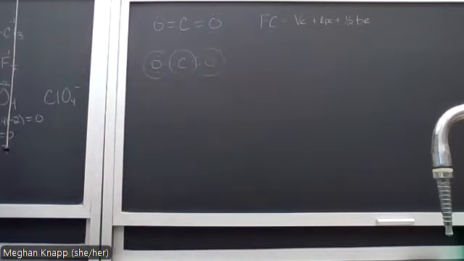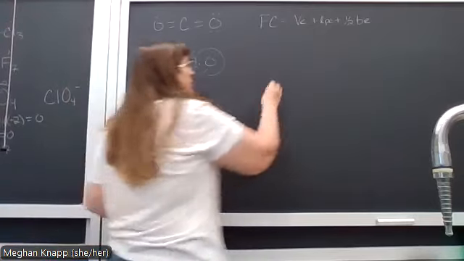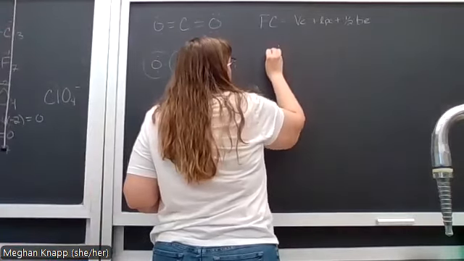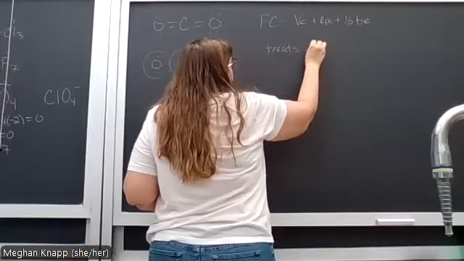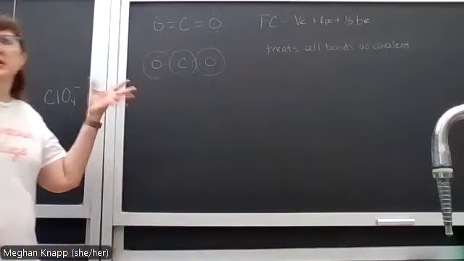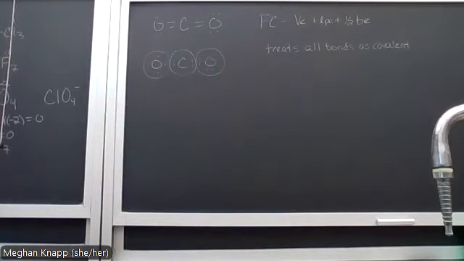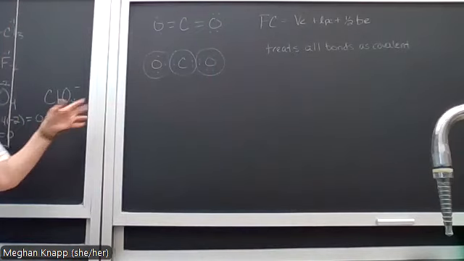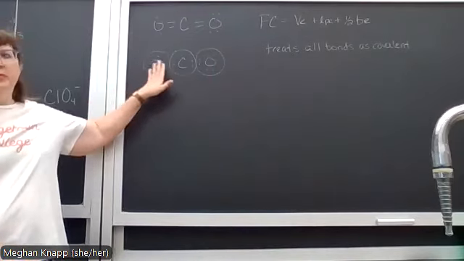So what kind of bonds share electrons? Covalent. So formal charge treats all bonds, right? Everything is equally shared. Now, in reality, are the electrons between oxygen and carbon equally shared?